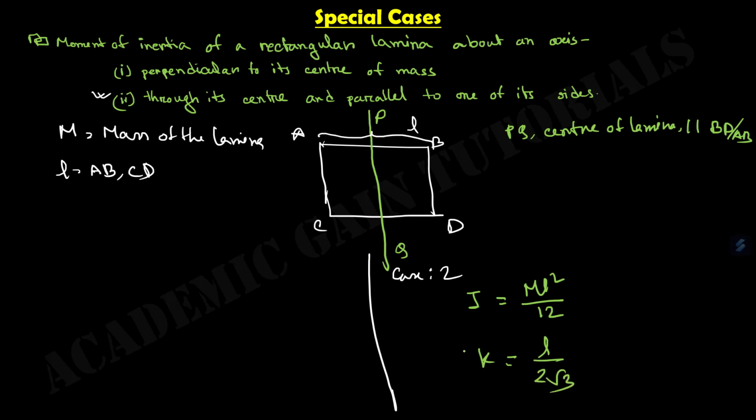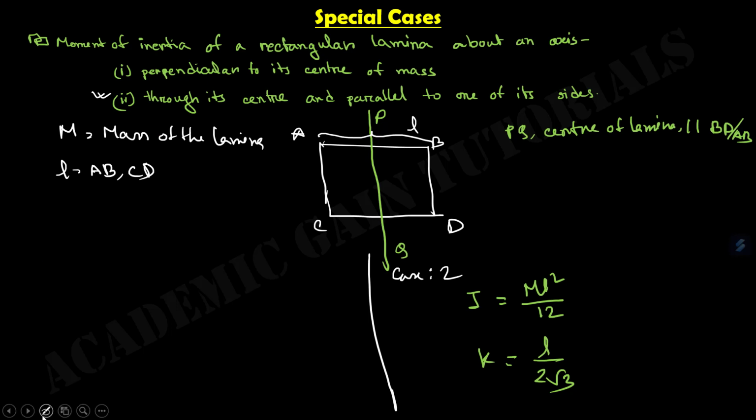It is actually equal to the first case of our uniform thin rod, where the axis is at the center of its length and perpendicular to its length. So our case 2 is equal to the first case of our uniform thin rod.